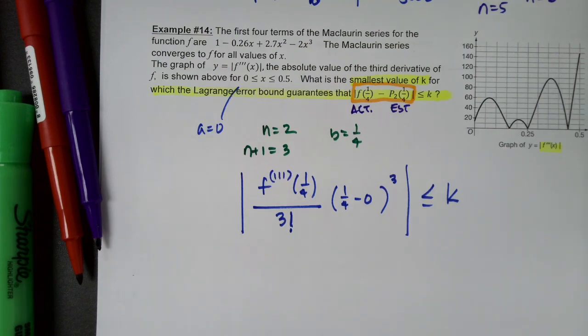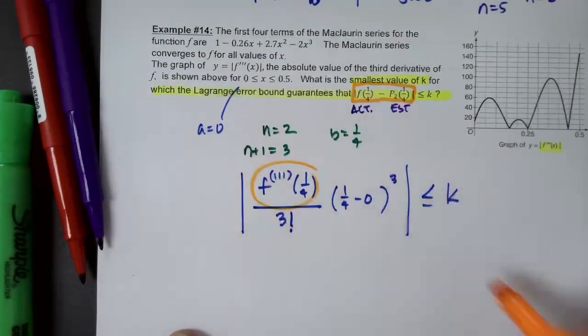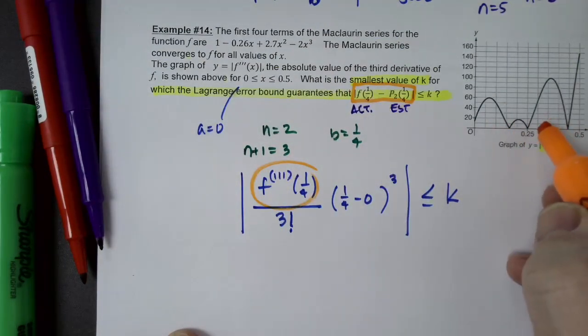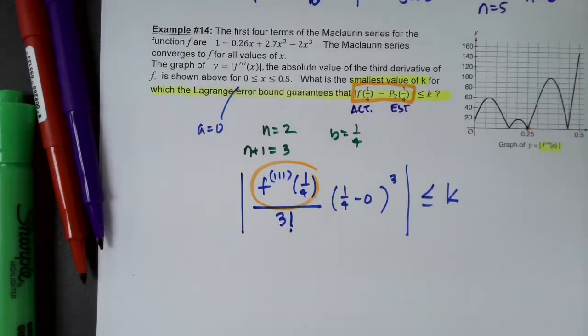Okay. So, first of all, this right here we're just going to have to go over to our graph and get that value from it. Now, common mistake here is to say, ooh, isn't that 0 at 0.25? Yes, it is, but here's the stickler.